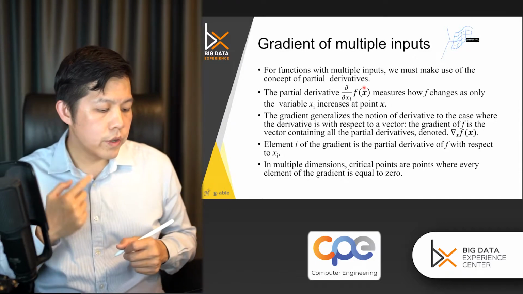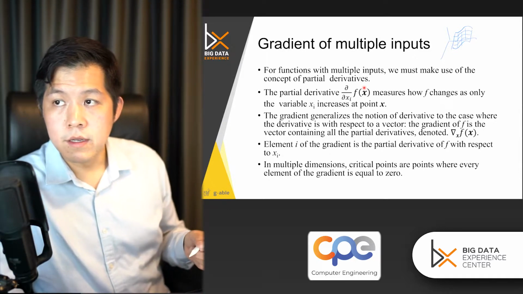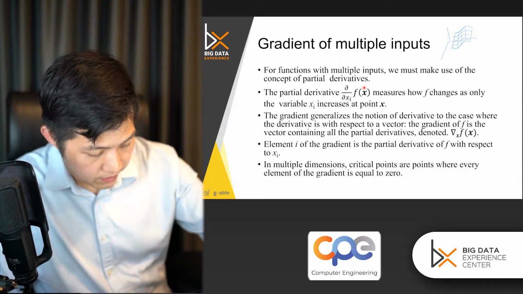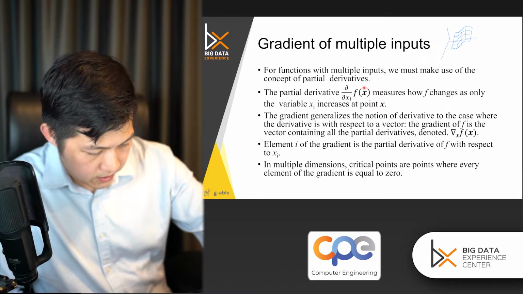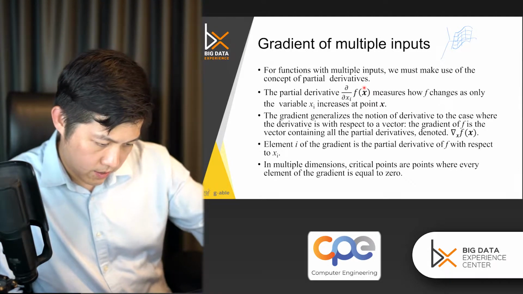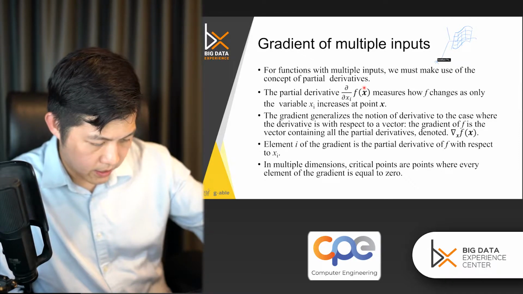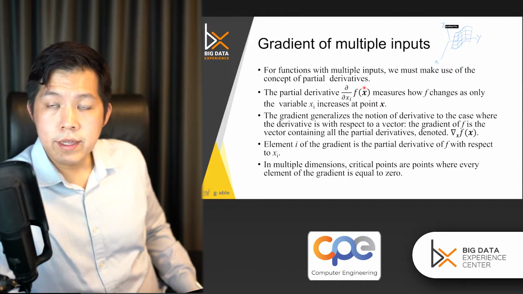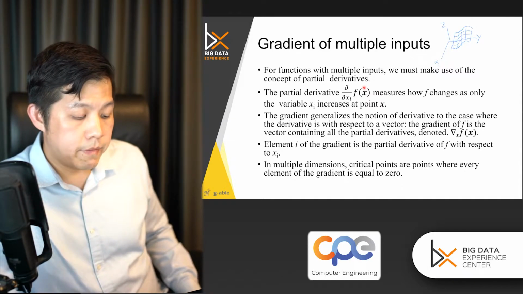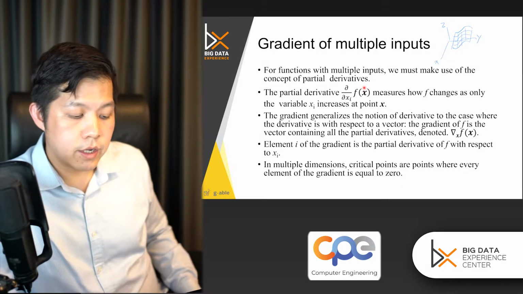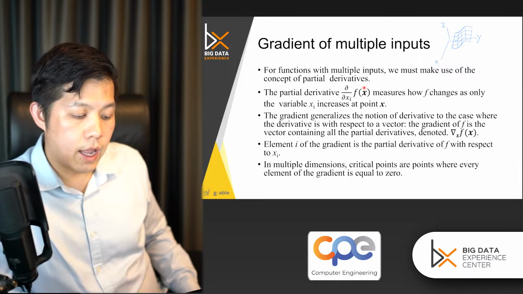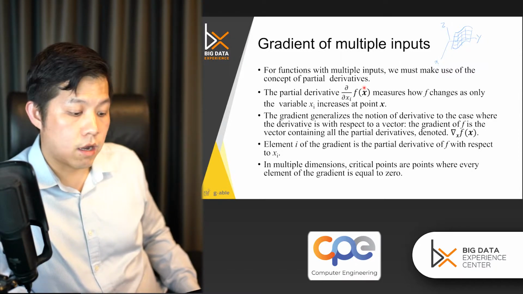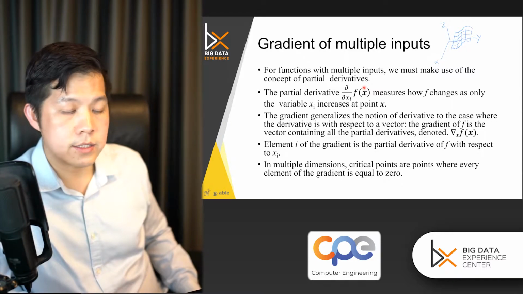Let's say this is x, this is y, this is z. If we take a derivative of it with respect to x, it means that we are treating z and y as constant, and we view everything along the x-axis.